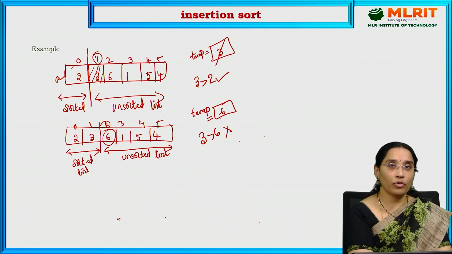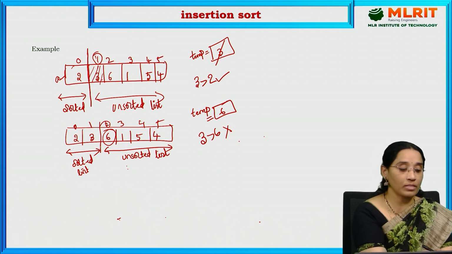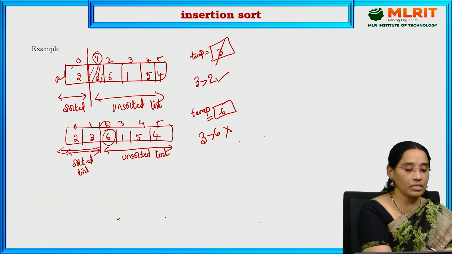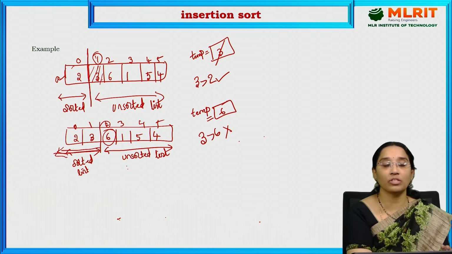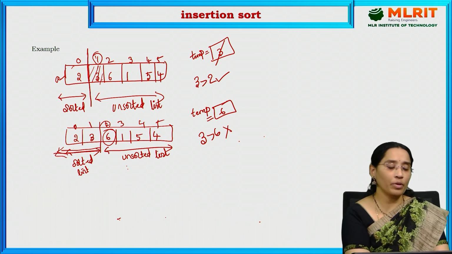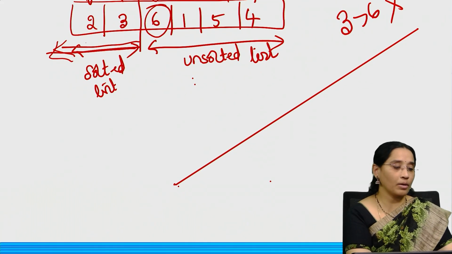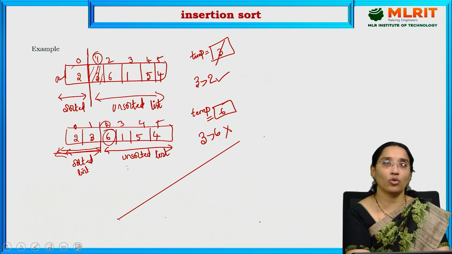So now if you want to compare, you have to move from this direction, that means you have to start from index 1. So you will compare with 3, and after that you will compare with index 0. Like that you have to move. You should not start from index 0.